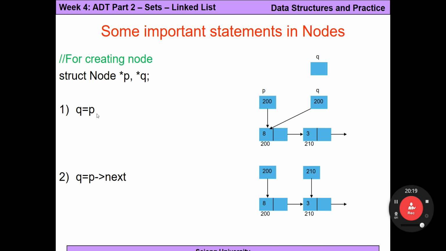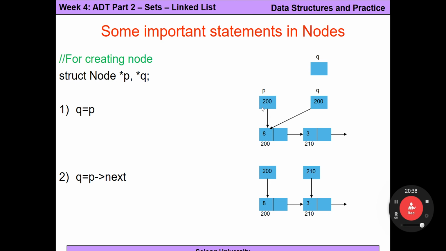In this case, the value of P will be assigned to Q. As P was 200, when I said Q is equal to P, now Q is also 200.